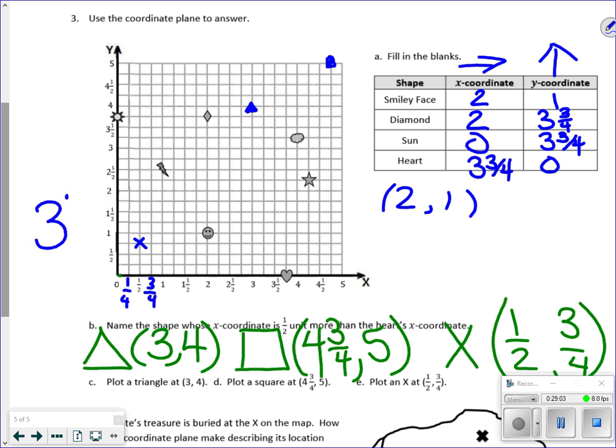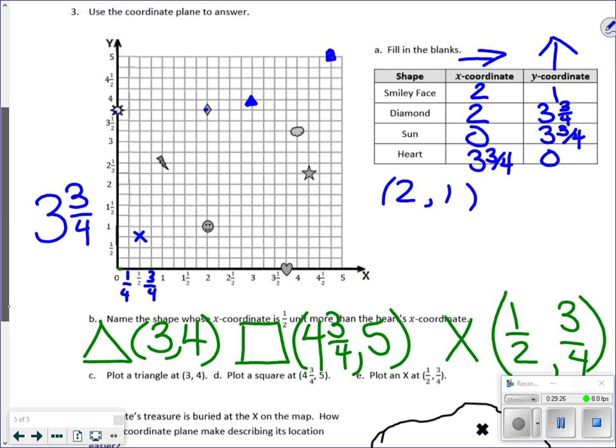If it's 3 3/4, which a lot of people did, then it's way up here like the sun or the diamond. Do you see a 3 in front of that? No, then it should not be up there.